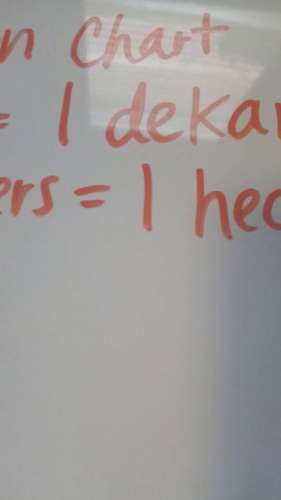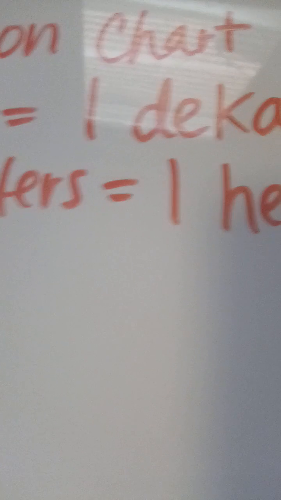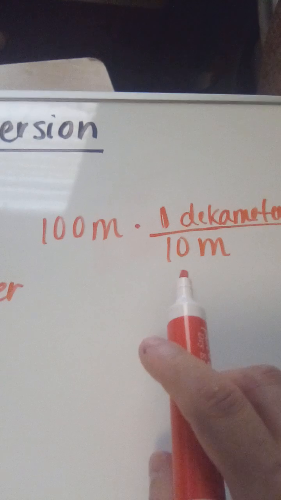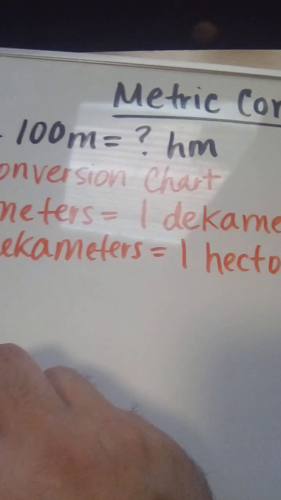Yes, it's 1 decameter over a meter. You'll see why in a few minutes. When we cancel them out, it'll cancel out completely. So we have 100 meters times 1 decameter over 10 meters. And then we have to do the decameter, so I'm going to put the same thing, 10 decameters in the bottom, over 1 hectometer. That's what we're looking for, right?